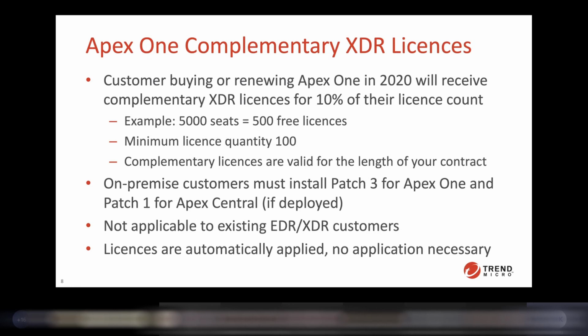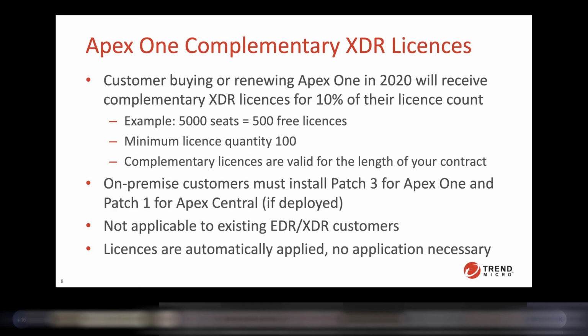And these XDR licenses, that XDR is a service, they are valid for the whole contract period. So if the customer renews, I think that there is a cap, it's like 3 years, but I have to check with the ordering. Anyway, the customer gets the complementary XDR access for the validity of the contract.